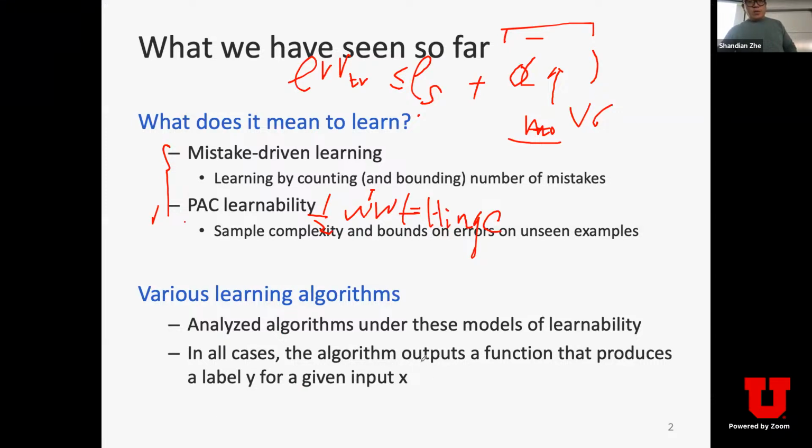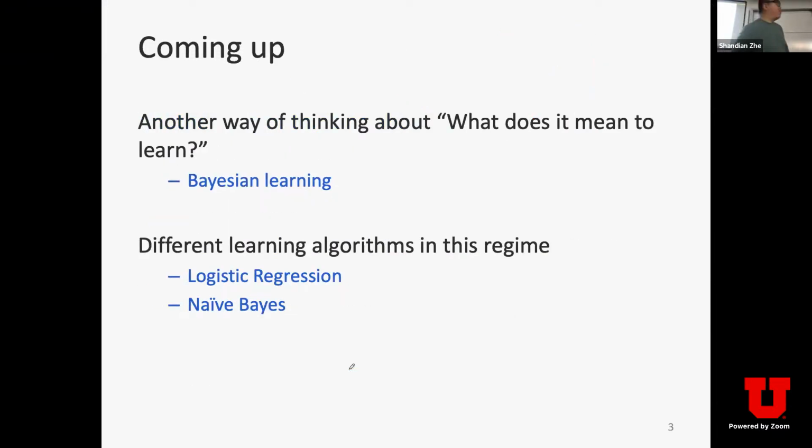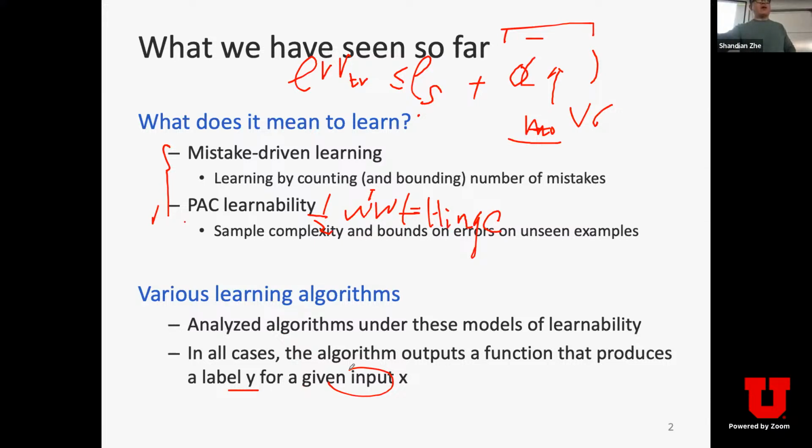In all cases, we assume our learning algorithm will generate a function that produces a label y given the input feature vector x.